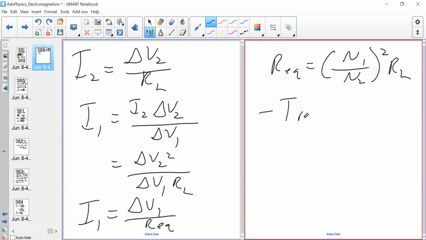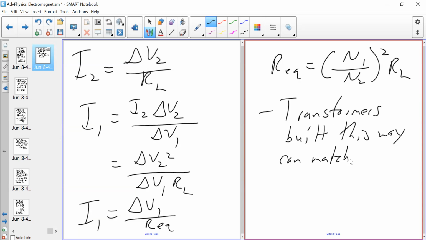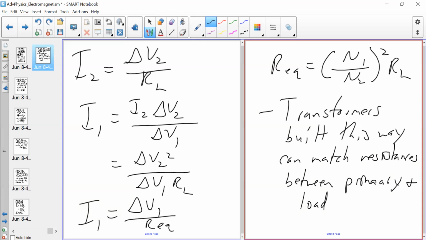So a transformer is built this way. It can match resistances between primary, and the load corresponds to the secondary.